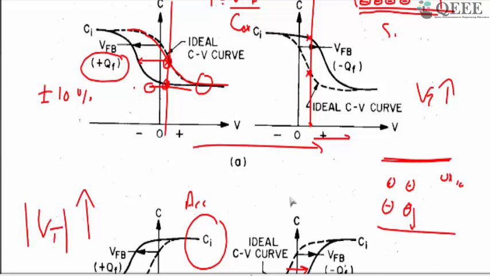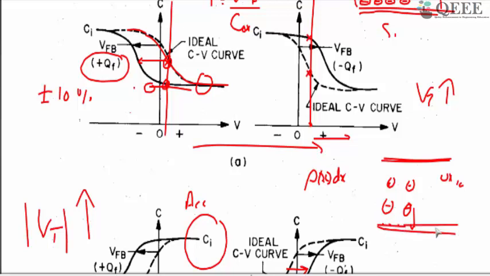If you have a distribution of charges, suppose you have rho versus x, you can find an effective sheet charge at the interface. How do you find it? You integrate rho of x by dx, find the total volume charge, and find the integrated sheet charge and how far it is.